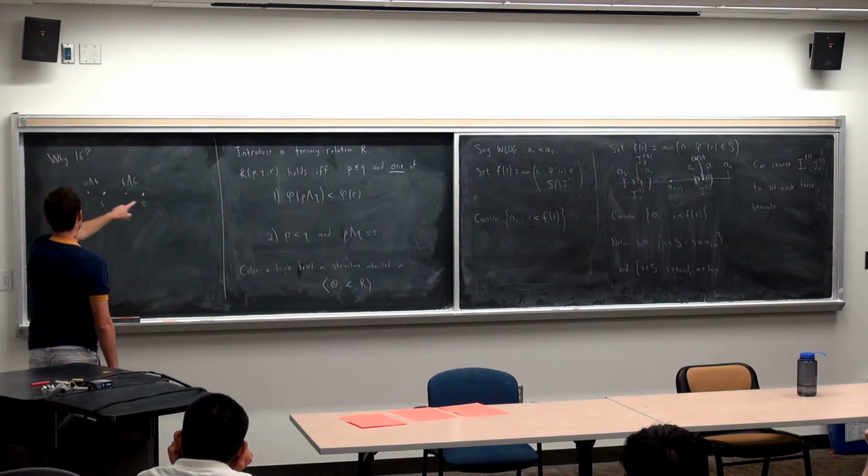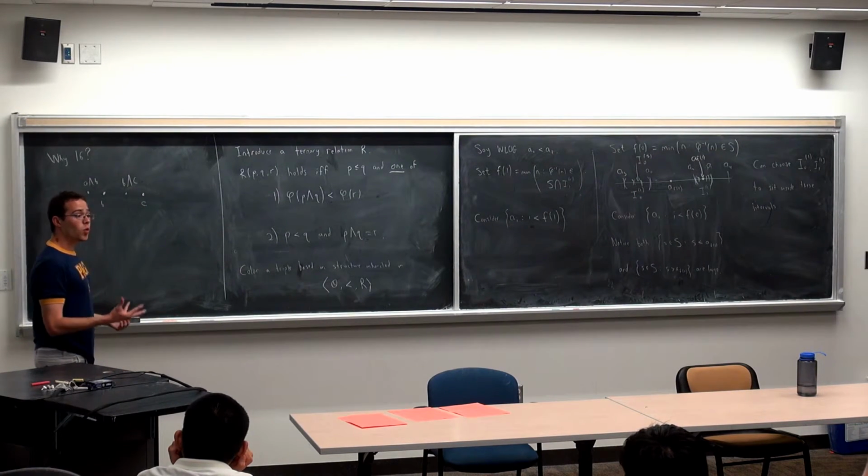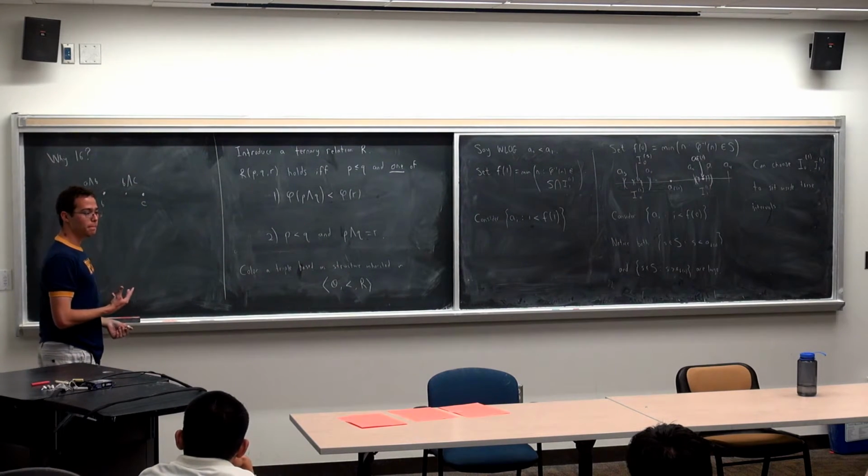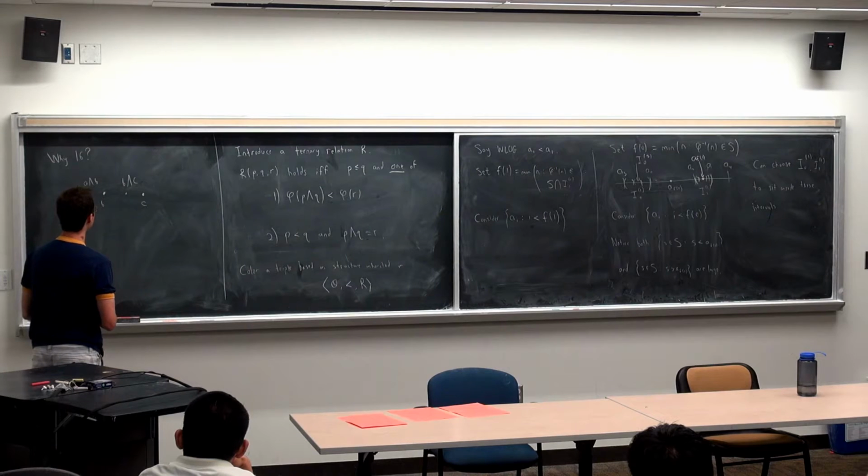So I have these 5 points, and I can ask in what order were they enumerated. But I know that I can't just pick any enumeration.